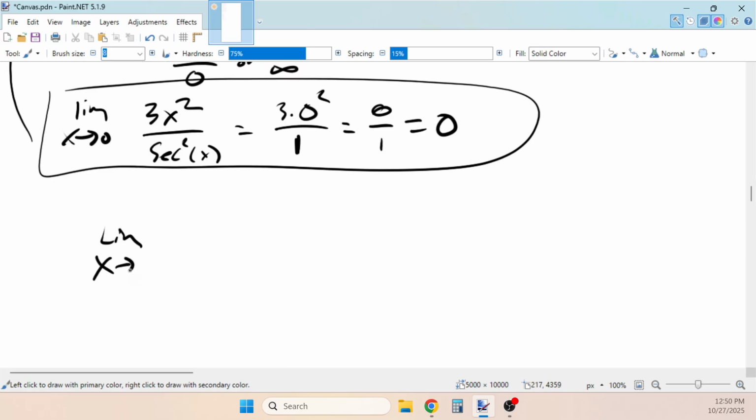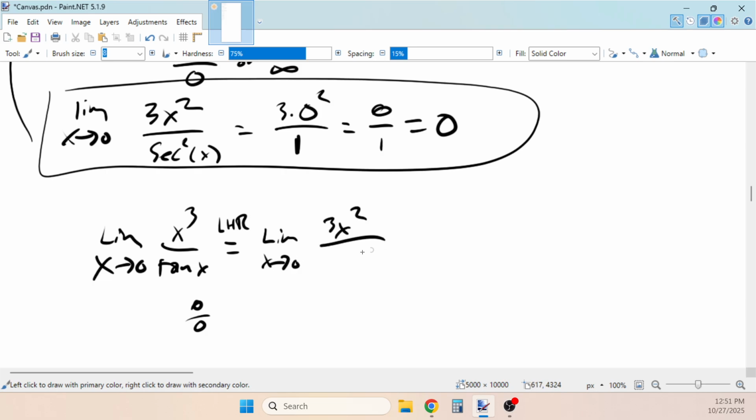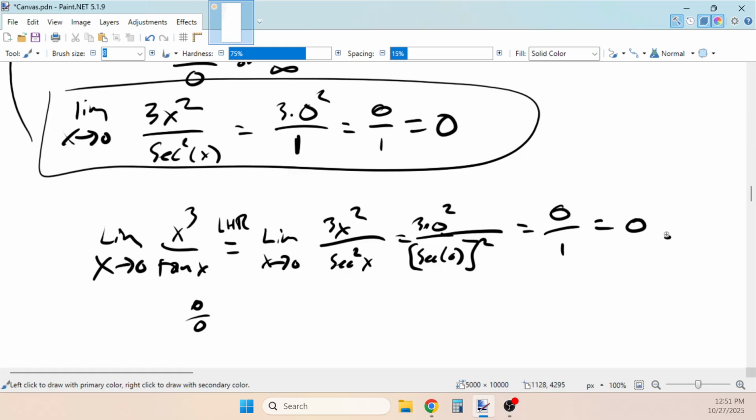Limit as x goes to 0 of x cubed over tangent x gives us a 0 over 0 indeterminate form, so we use L'Hopital. 3x squared over secant squared x, which equals 3 times 0 squared over secant squared 0, which is 0 over 1, 0.